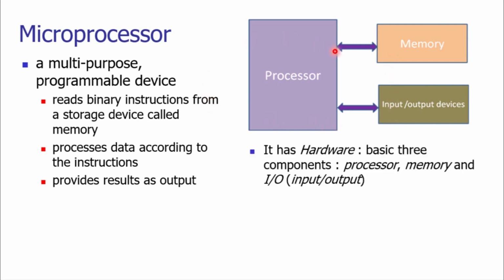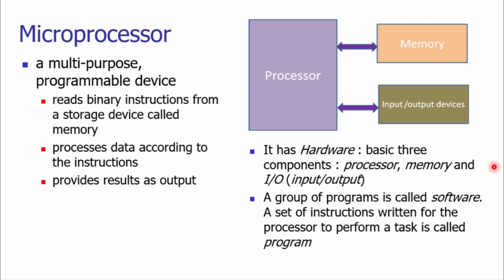It basically has hardware, and the hardware is nothing but the electronic parts which are integrated together to carry out the intended operation. The processor is an electrical circuitry, memory is an electronic part, and input-output devices are the electromechanical parts.